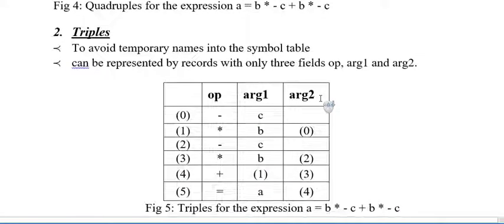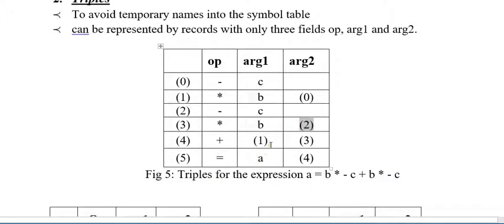In the argument fields we have direct arguments, but in triples we use index numbers instead of argument names. Like we stored the value in T1, but here we use the T1 index number, which was 0. In the second line we store the result at index 2.